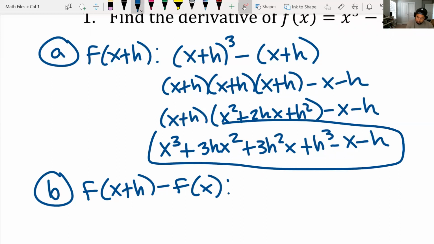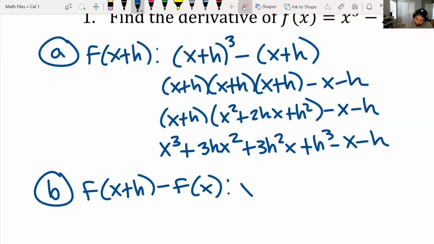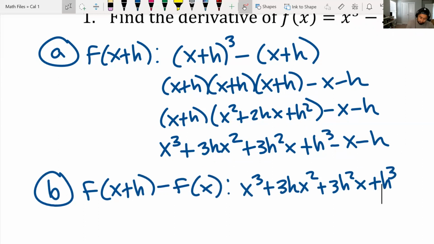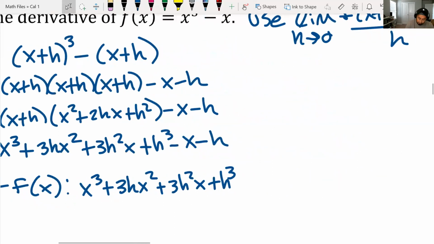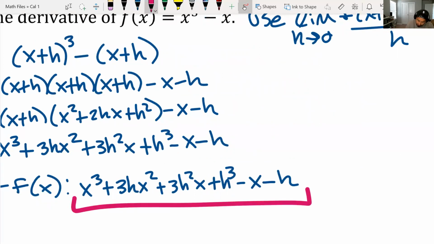All of this is f of x plus h, so just bring it down. So I'll have x cubed plus 3hx squared plus 3h squared x plus h cubed minus x minus h. So remember, all of this is f of x plus h.